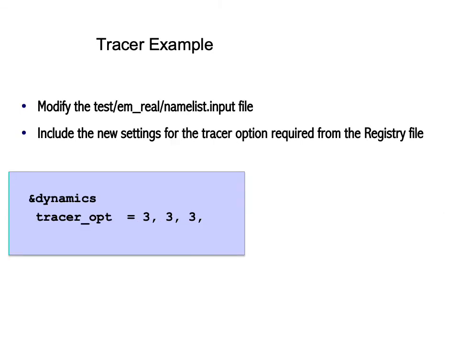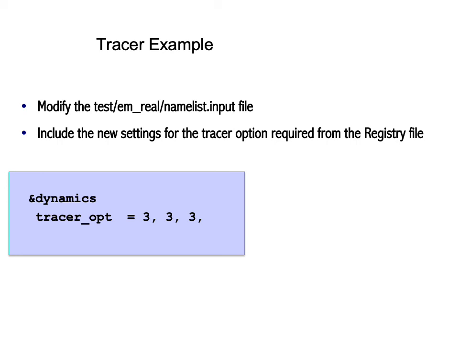To activate this option at runtime, inside of the namelist, we have the dynamics namelist record. We have tracer option equal to 3. And we have a max domain entry, even though we're just going to run a single domain.